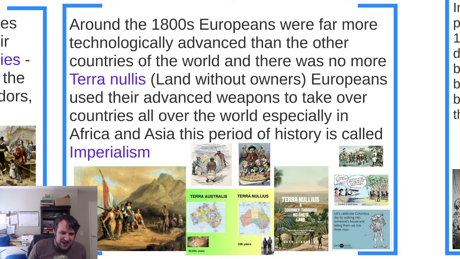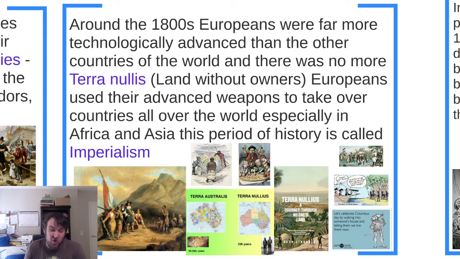What we should do now is rather than bring our civilians to set up new spots around the world, we should send in our militaries and we should, at gunpoint, force these people who are less developed than us to kind of follow our rules, give us their money, do whatever we want. That's really what happened, especially in the later half of the 1800s.